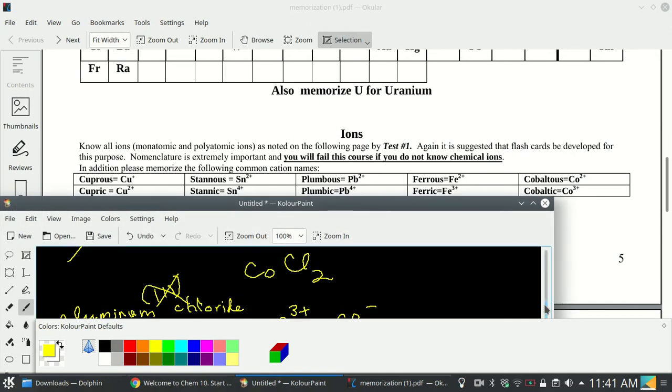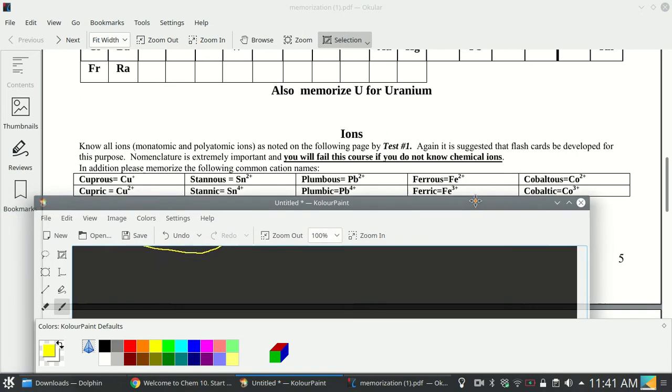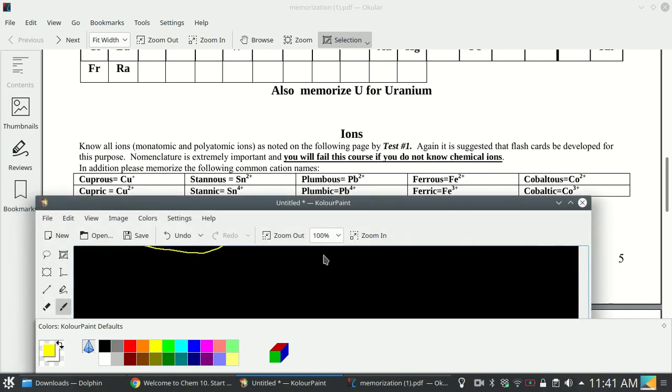Now these will not appear on a Chem 10 test in section 1714 in our class because it's a condensed course, but those of you who are taking Chem 11, they will expect that you know these prefixes, these names in Chem 11. So I'm going to tell you right now.